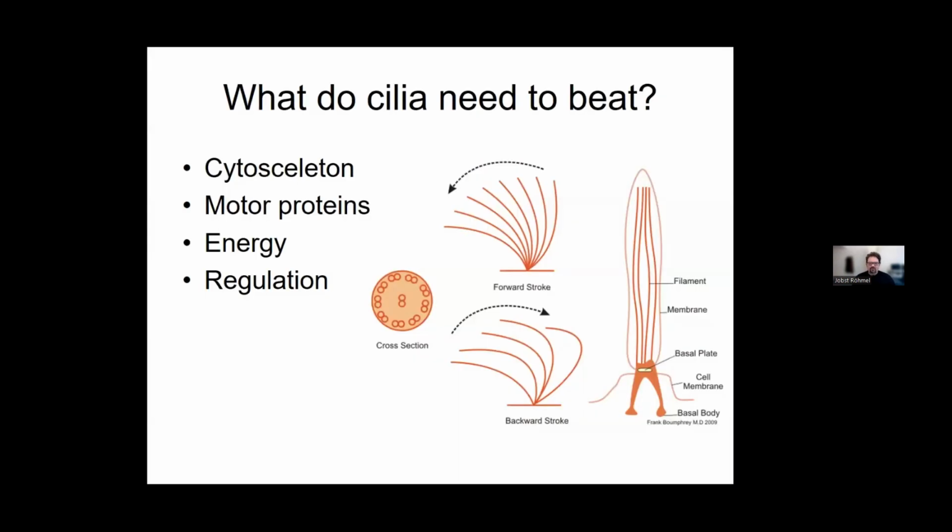And so what do cilia need to beat? They need, as I said, the cytoskeleton, which I will explain in the cilia, and they need motor proteins that make the movement, and they need, of course, energy and also regulation, and the whole thing needs to be anchored with the basal plate in the cell membrane.